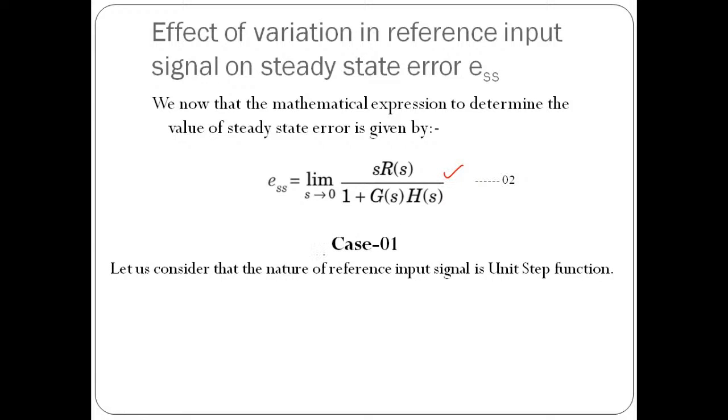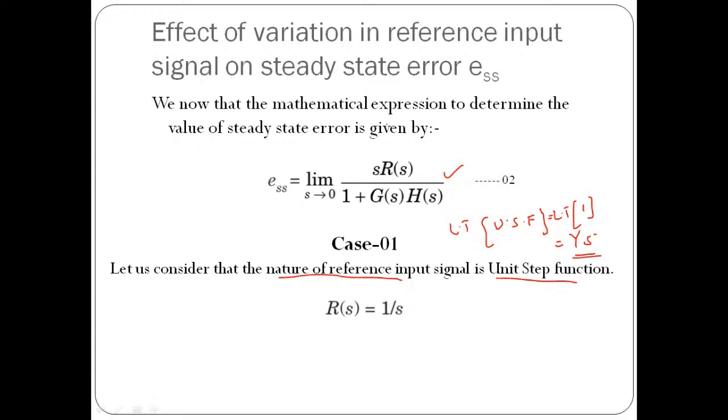Now case 1. What we are going to consider is that the reference input signal which is available with us is nothing but the unit step function. And the moment I take the unit step function, we know that the Laplace transform of 1 is going to be 1 by s.